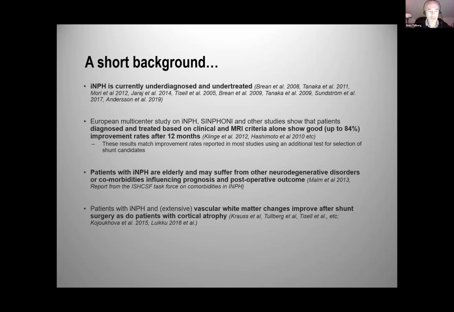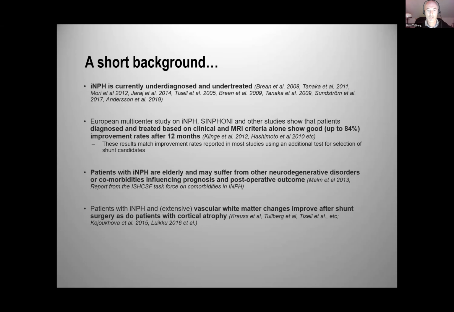I am a neurologist and I work every day in our Hydrocephalus center looking at patients. The third statement here is also important, I think. These patients that we suspect having iNPH are elderly and they may suffer from other neurodegenerative disorders or comorbidities influencing prognosis and post-operative outcome.